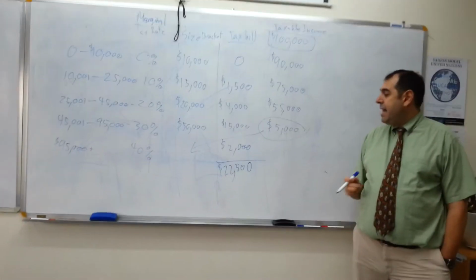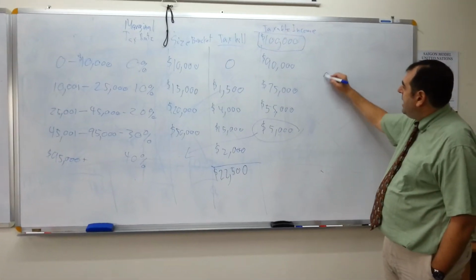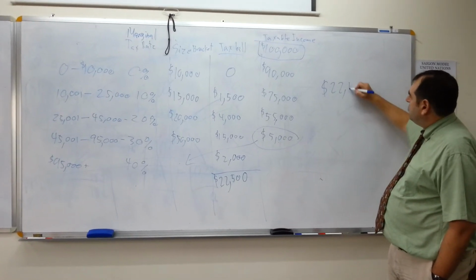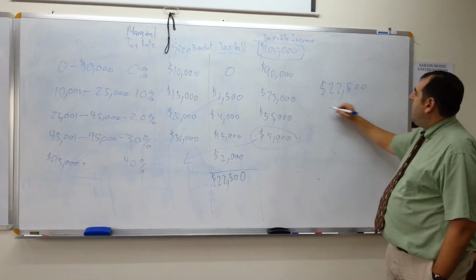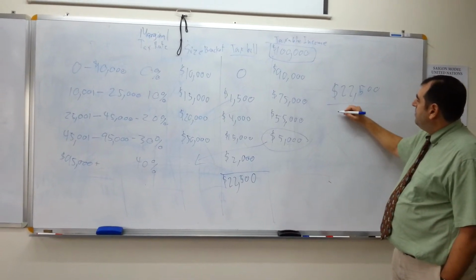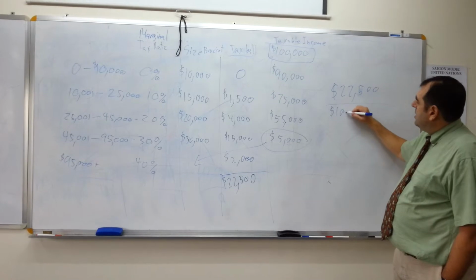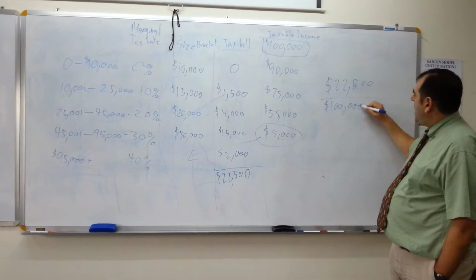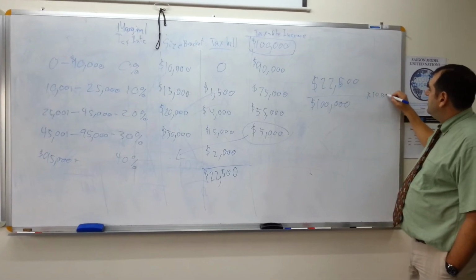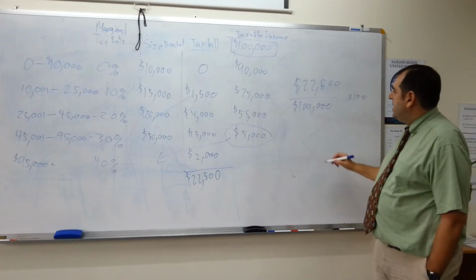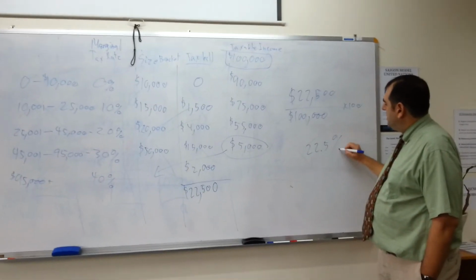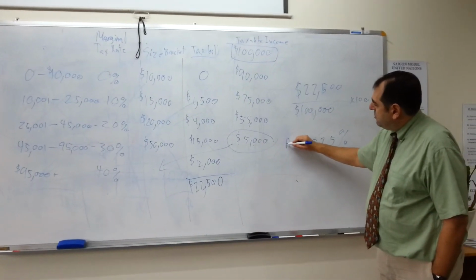So we say he's paying $22,500 and dividing that by his total income, which is $100,000, and then of course times 100, and so we get a tax rate of 22.5%. And so this is the average tax rate.